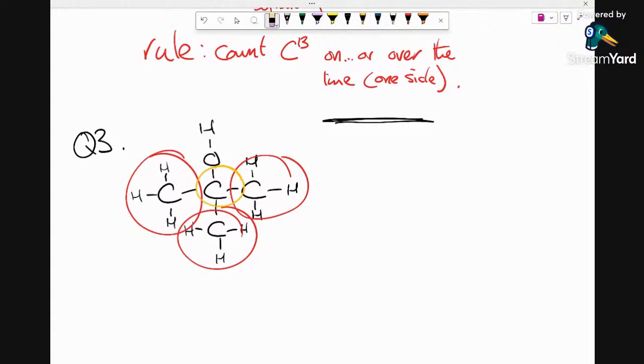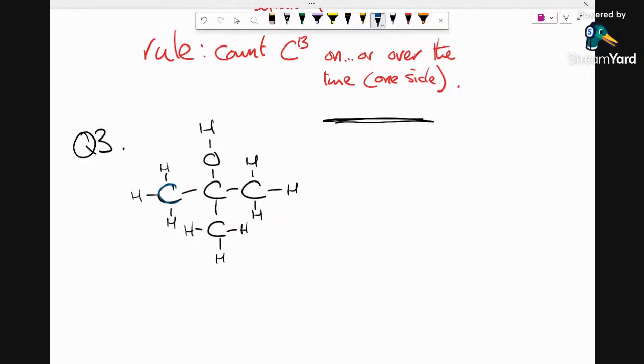If you want it the long way, I can do a really quick version of the long way. If I do this one, this is 3 H's, 1 carbon, and 1, 2 steps. This one here, I'll do a different color. This one here is 3 H's, 1 carbon, and 1, 2. It's the same. This one here is 3 H's, 1 carbon, and 1, 2.